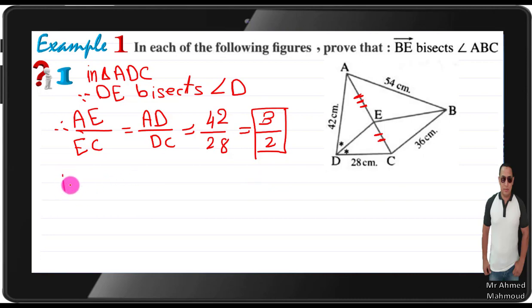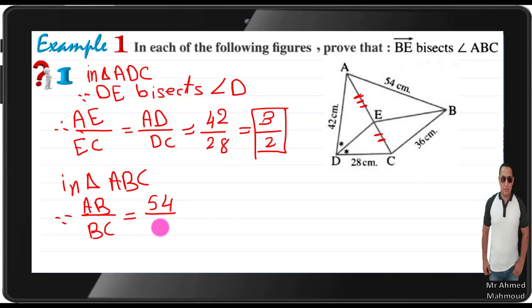In triangle ABC, AB over BC equals 54 over 36, which in the simplest form equals 3 over 2. So AE over EC equals 3 over 2 and AB over BC equals 3 over 2.